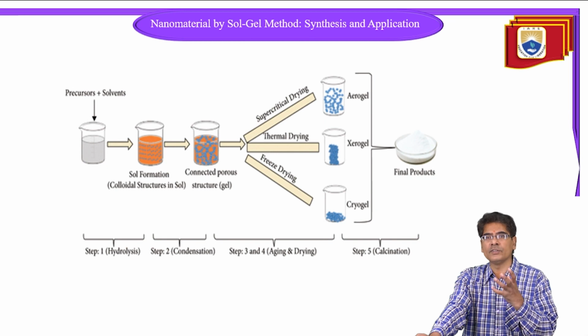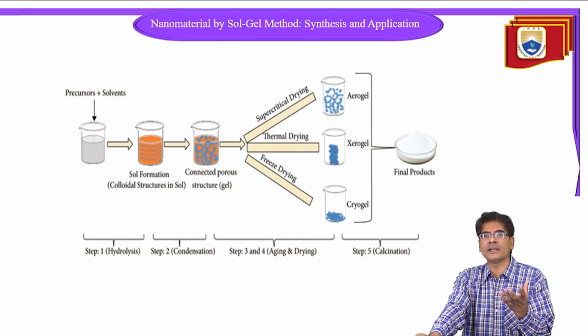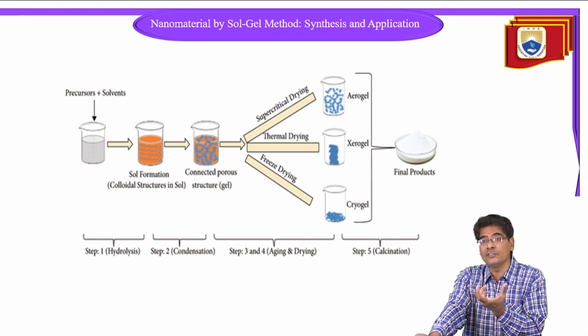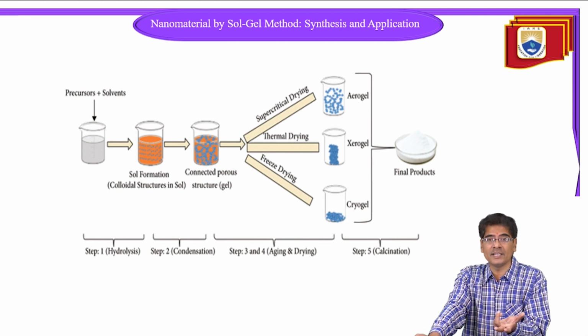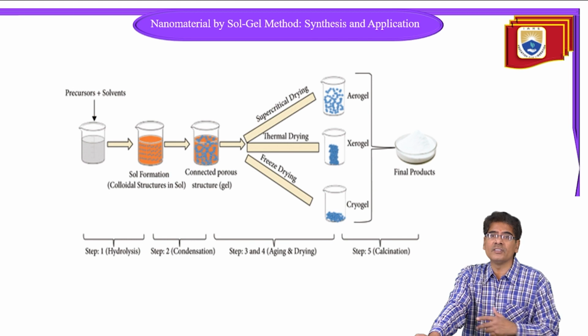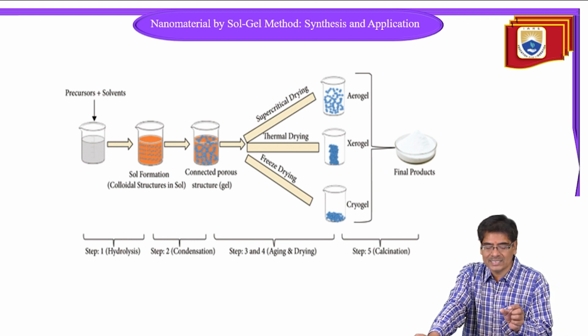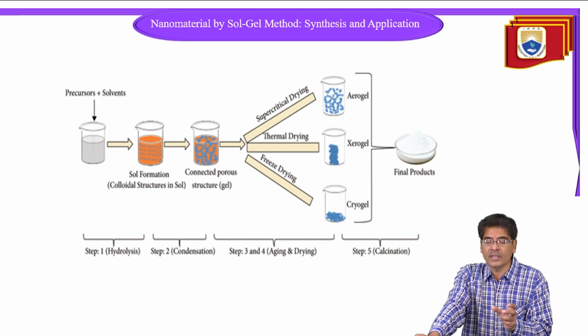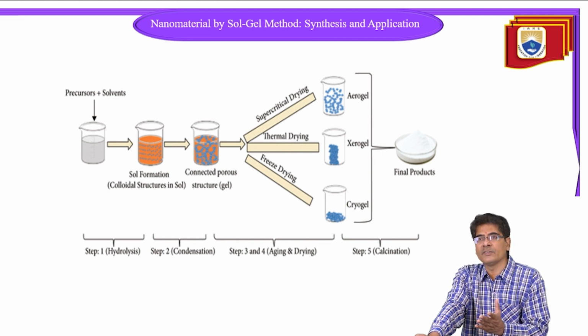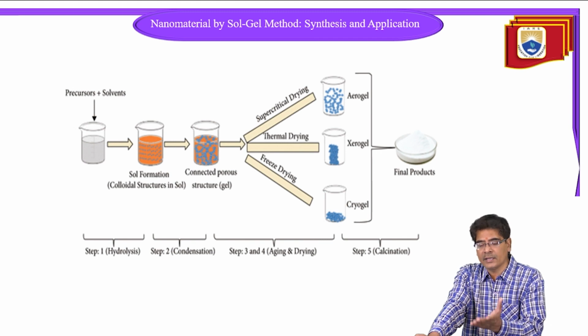These colloidal structures are connected into a porous structure called a gel. This gel formation is the second process, condensation. During the third process, the gel is formed into three types: aerogel, xerogel, and cryogel.